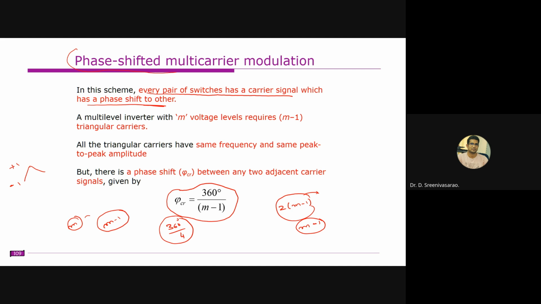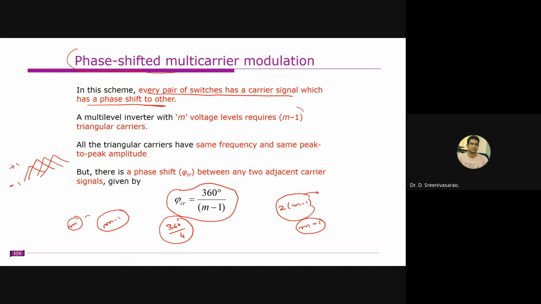So this is the first carrier. If you want a second carrier, it will be phase shifted like this, like this, like this. So you have 4 carriers, and the fifth carrier and the first carrier obviously coincide.